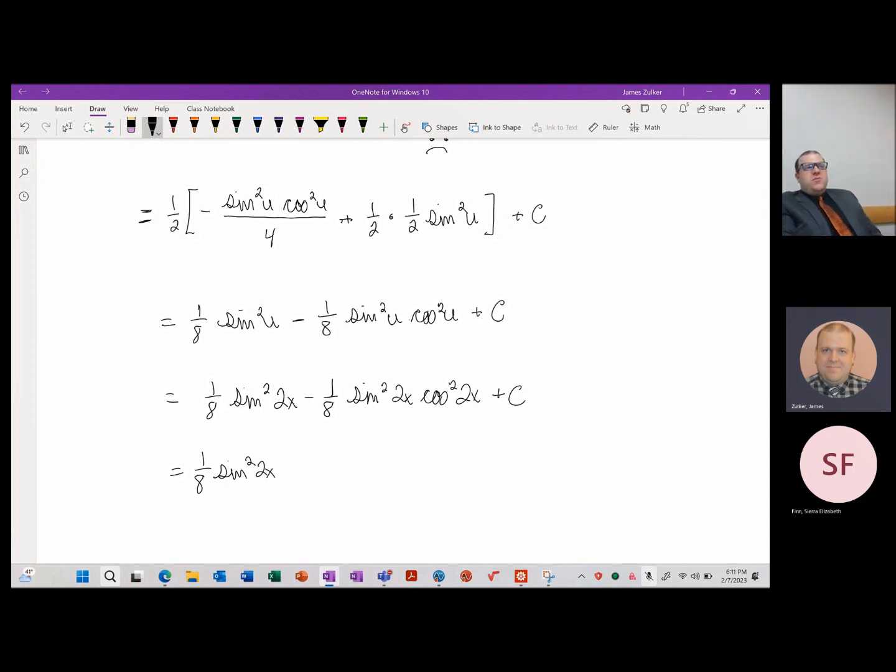Isn't there 1/8 sine squared of 2x common? Factor it out. This requires one less step than what you recommended. You'll get the exact same thing, right? You just have to distribute through and then do a cancellation, and you'll get the same thing.